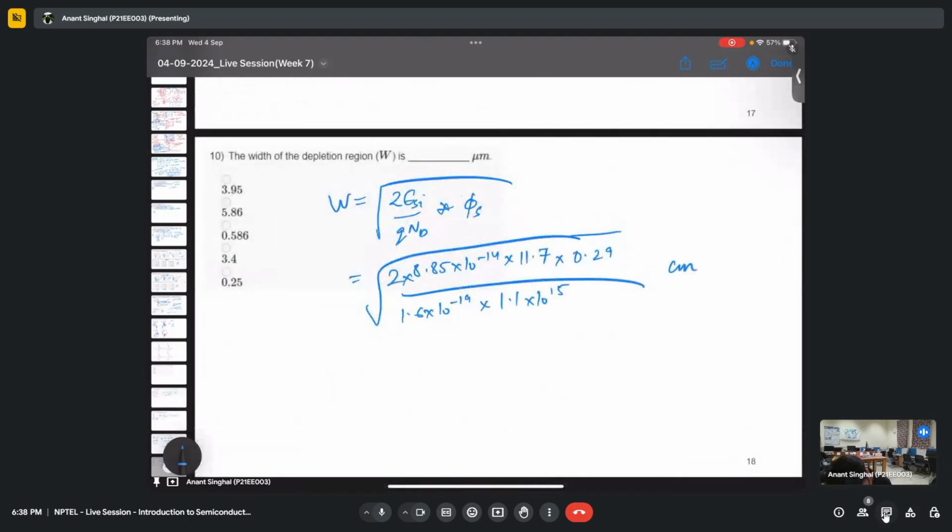So this is 10 raised to minus 5, and 22 by 0.9. Also I have 2 times 8.85 centimeter. So can someone quickly calculate this, or I'll calculate it?